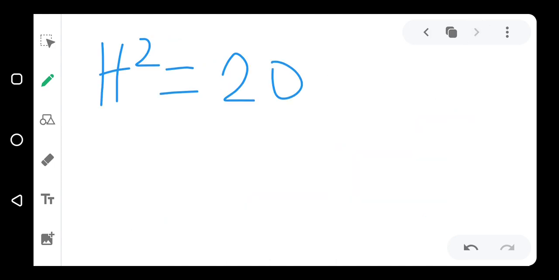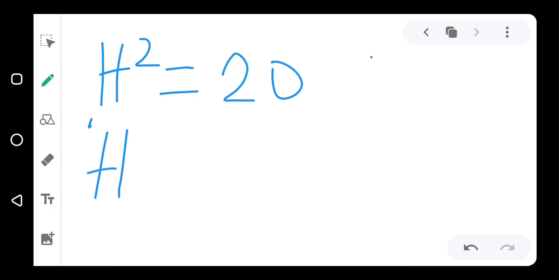Now that means that H, if you have a square on one side of an equation, this is an equation because of the equal sign, if you want to remove the square from this side, if you are taking it to this side, we make it a square root.